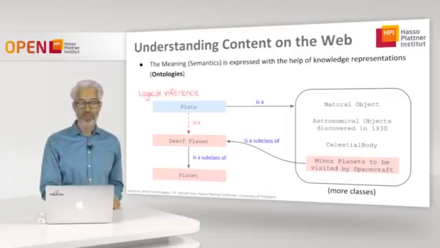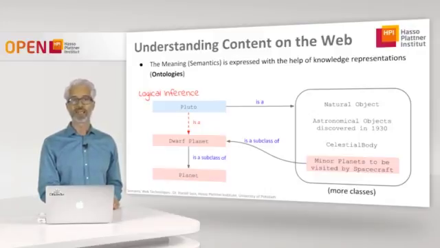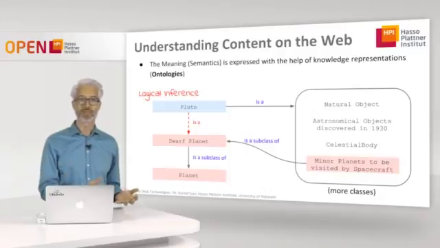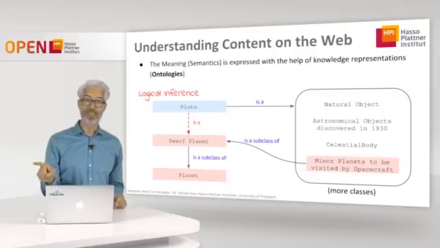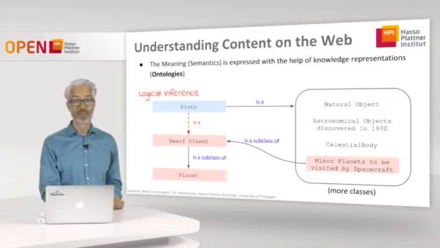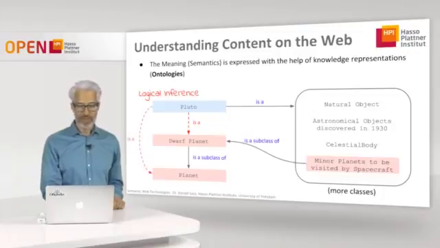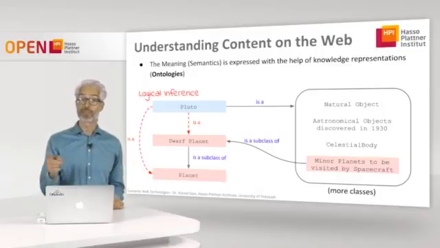It means with the help of so-called logical inference, we can of course also deduce that Pluto is a dwarf planet, simply because we know it belongs to the classes here on the right side, and we know that one of the classes on the right side is a subclass of dwarf planet. Moreover, we can also say that Pluto must be some kind of a planet, simply because we know it's a dwarf planet, and dwarf planet is a subclass of planet.